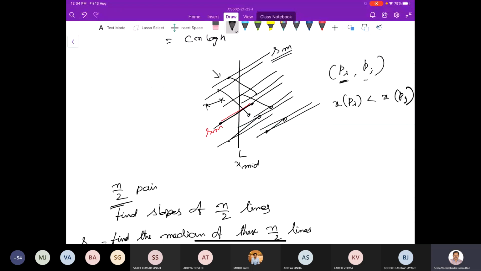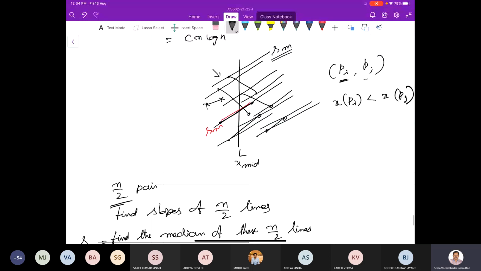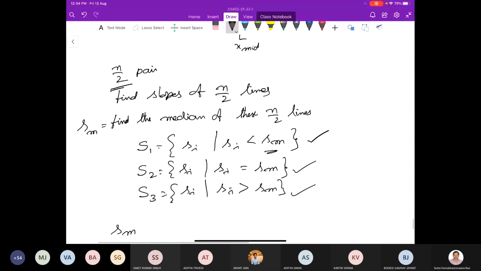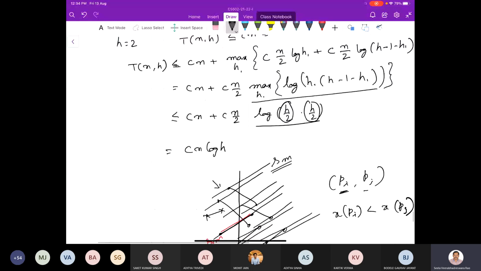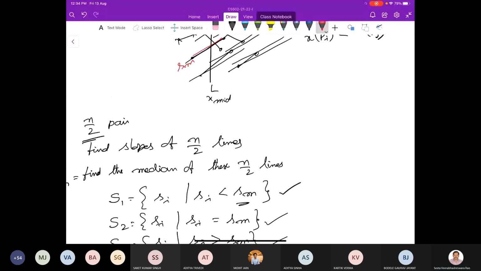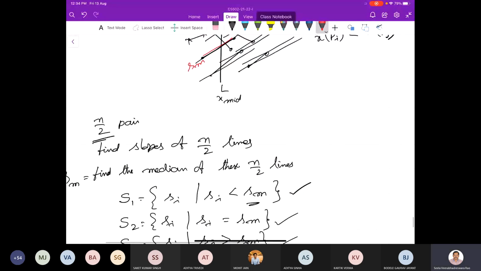Once again, I'm repeating it. We have the endpoints. Our aim is to find this upper tangent here. This red line, whatever is indicated here, is what we want to find. For finding that, what we are doing is we pair the endpoints into n/2 pairs in the first step.